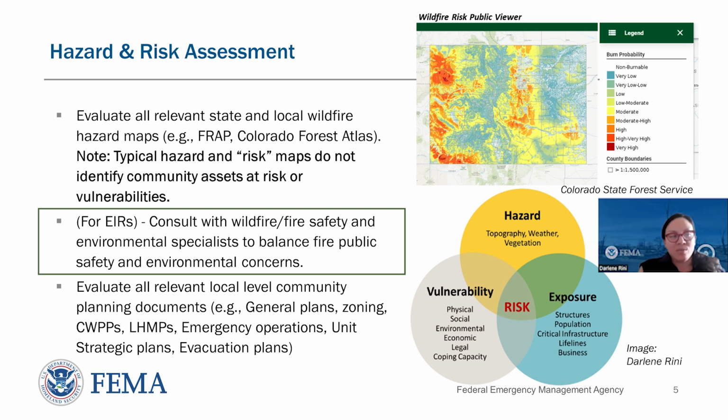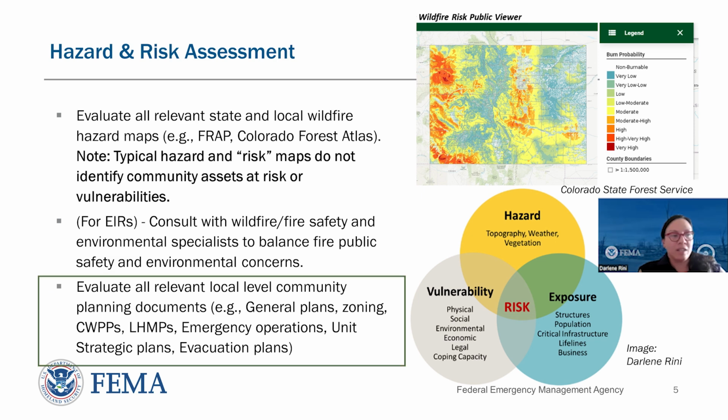But in many cases, we recommend that you consult with a wildfire hazard specialist to provide this local level analysis. Finally, we wanted to point out that in addition to all these other mapping resources, there are also a number of other local level community planning documents that have a wealth of information, generally on wildfire risks and threats within the area.